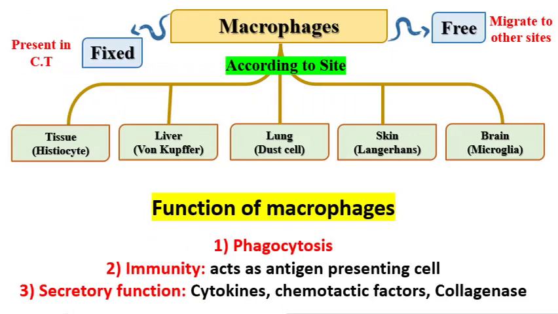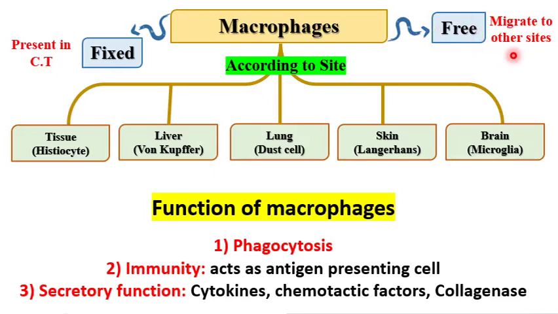Another cell, the macrophage. The macrophage is the defense cell of the connective tissue. It may be a fixed cell or a free cell. The fixed one is present in connective tissue only, so it is called fixed. But the free one migrates to another tissue.